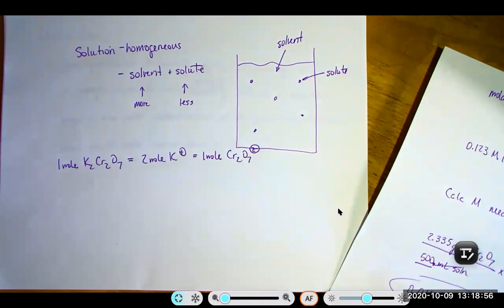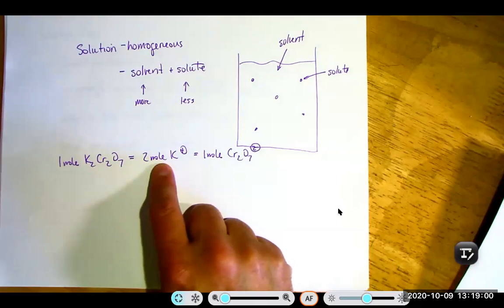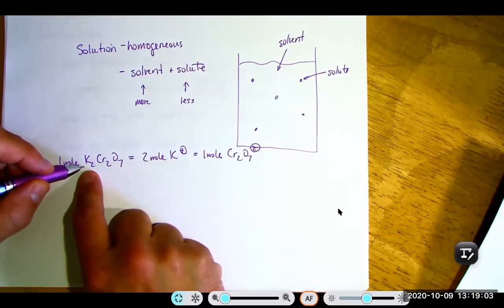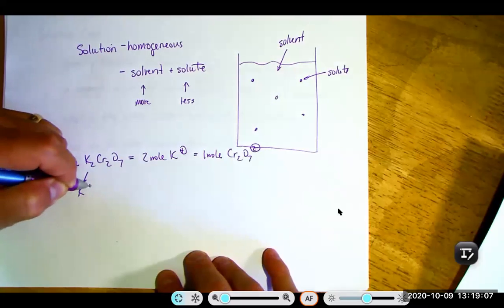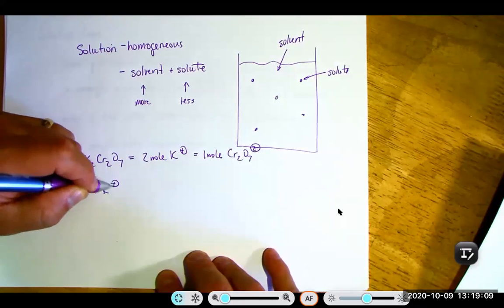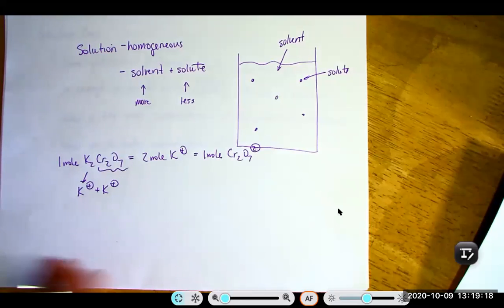Do you follow me here? How do I know there's 2 of these? It's because of this right here, and we know that this is an ionic compound. This is a little bit confusing, but remember in our class, once you've identified the cation, the rest of it is the anion.